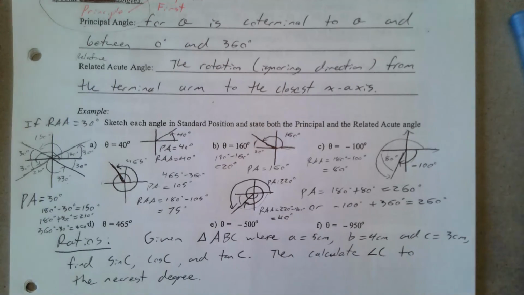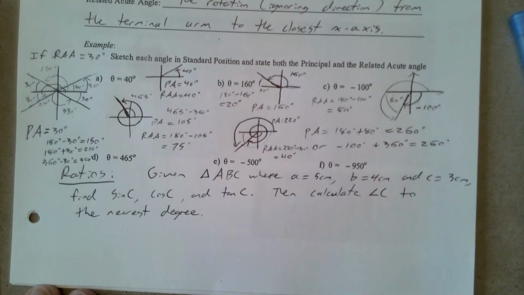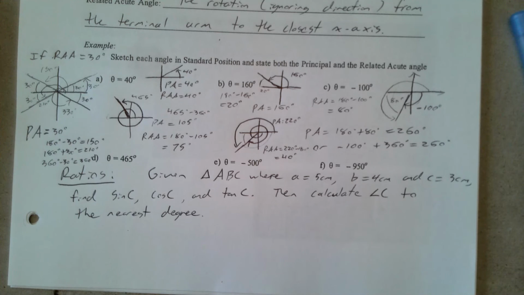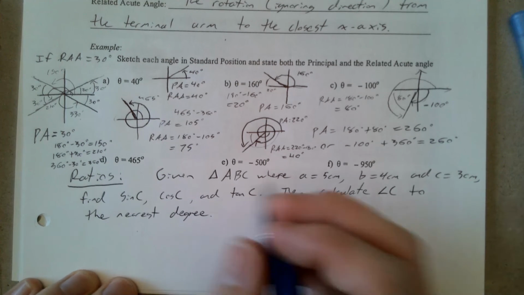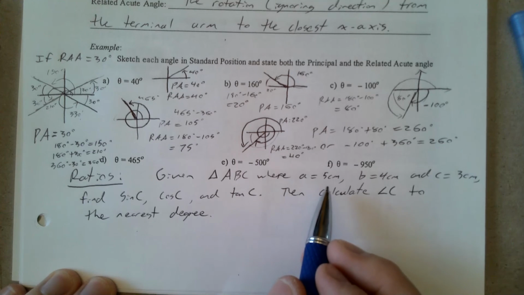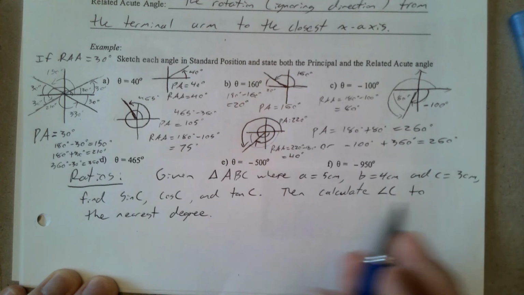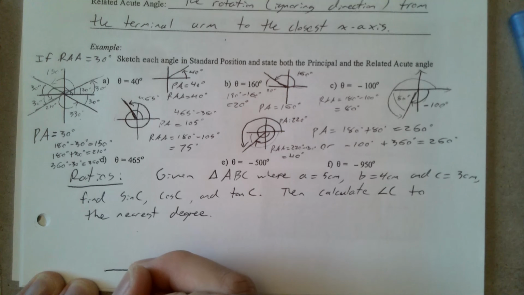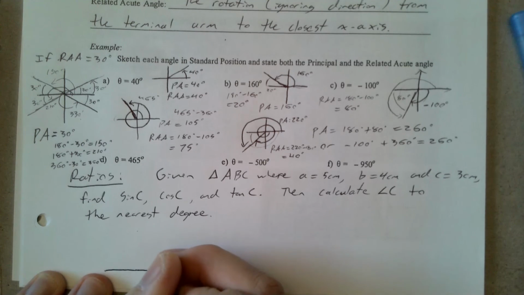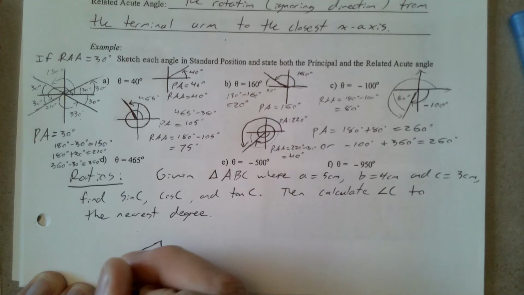Real quick, let's just review our primary trig ratios. I'm not sure that we need them for today's homework, but they come up again later, and now's a decent time to review them. Given triangle ABC, where A is 5 centimeters, B is 4 centimeters, C is 3 centimeters. I didn't mention this was a right-angled triangle, but we might be able to see that that actually creates a Pythagorean triplet.